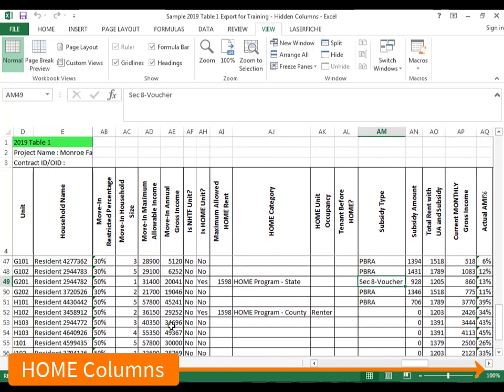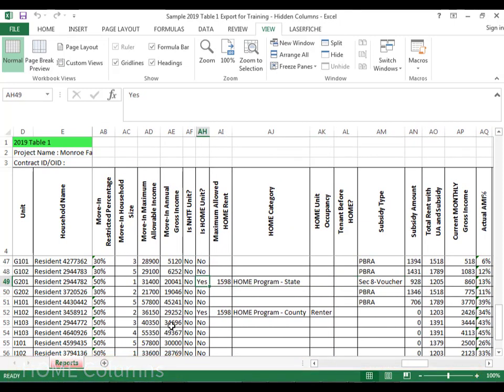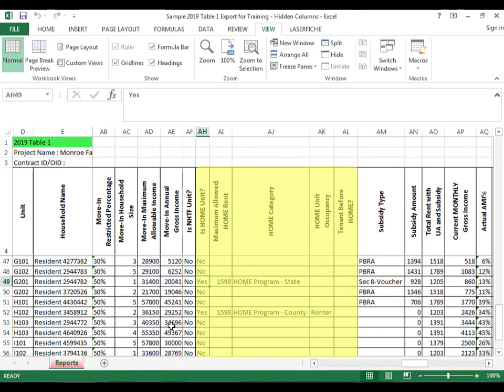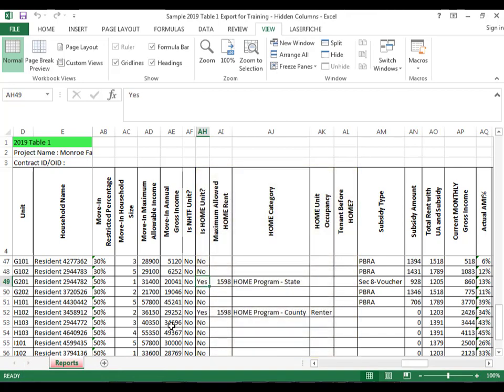We're going to get way over here onto the right, and your HOME columns start here. So if there's a yes in the Is HOME Unit column, that means the unit is designated as a HOME unit. And then there's some additional HOME fields, and they all have HOME specifically in the category. So all of those areas would need to be filled in if the unit is selected as HOME.